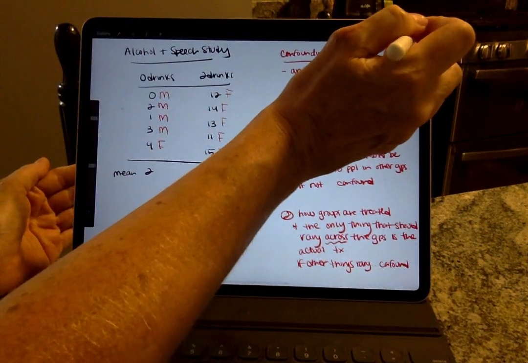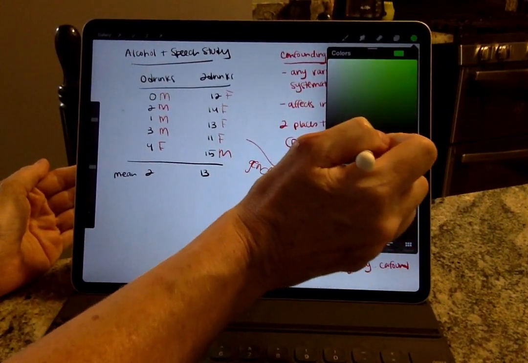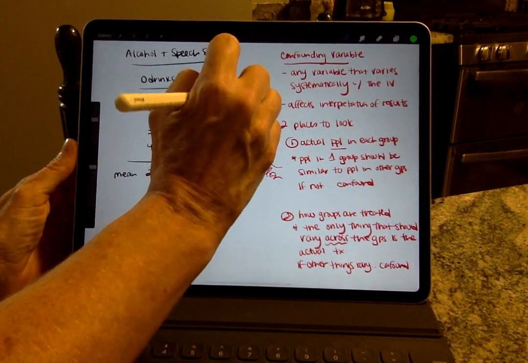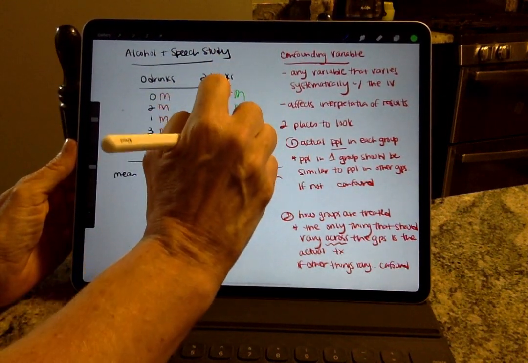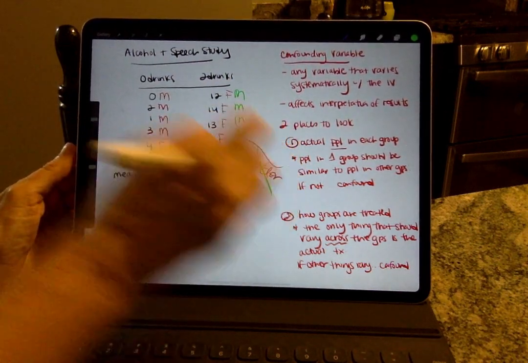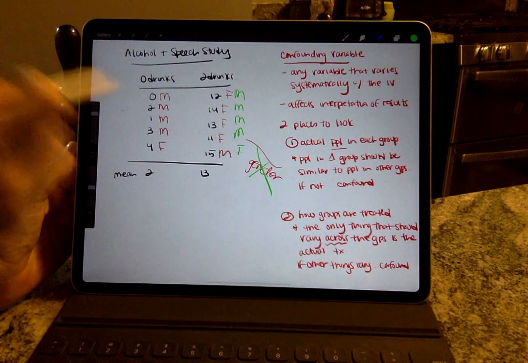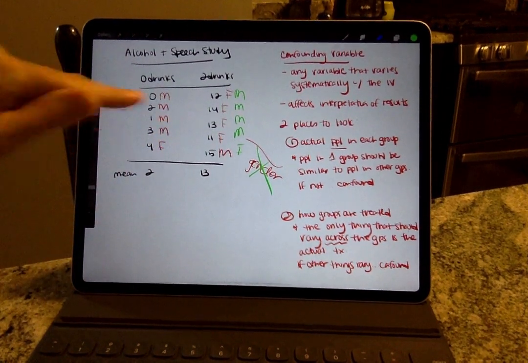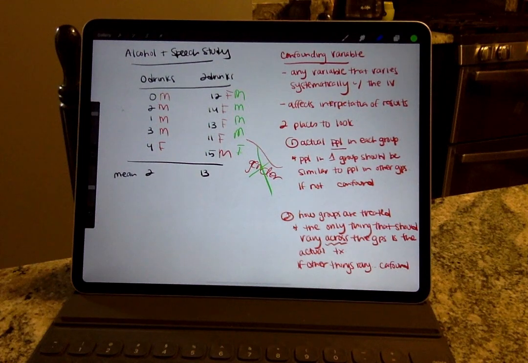So if instead, let me see if I can change the color here. So if instead in this 2 drinks group, we had 4 males and 1 female, then you no longer have this confound, because even though we're heavy on the males, we're heavy on the males in each group.